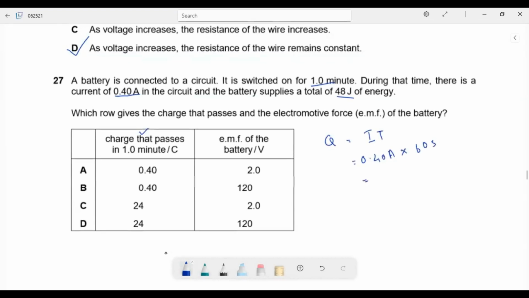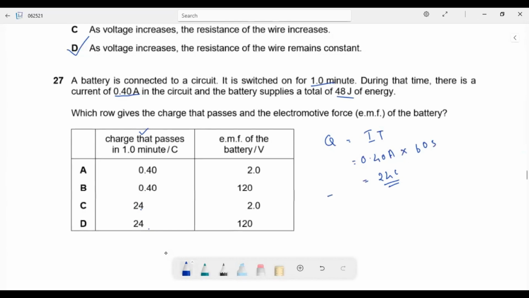So 0.4 into 60, that is 24 coulombs. So 24 coulombs, it is the charge. Next, we need to find the voltage or EMF.